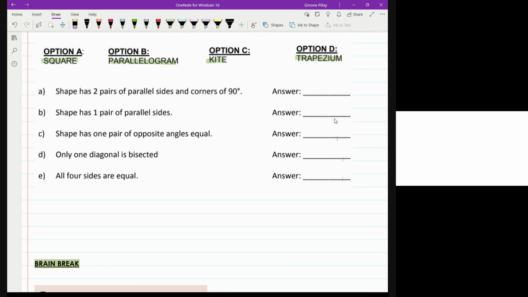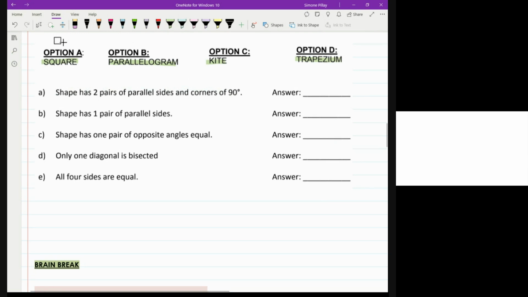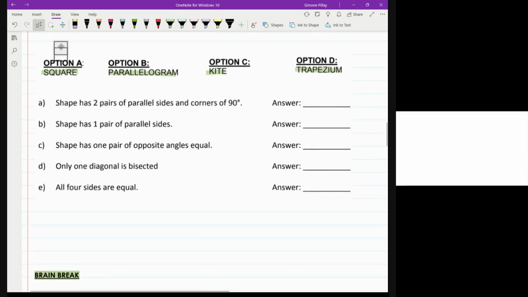Now they've given us properties, and we need to say which of the shapes this is going to be. I want you guys to quickly try and remember your properties of each of these quads. So remember, we have a square that looks like that. Let's add in a square up there. Then we want a parallelogram, which we can add over there. A kite.